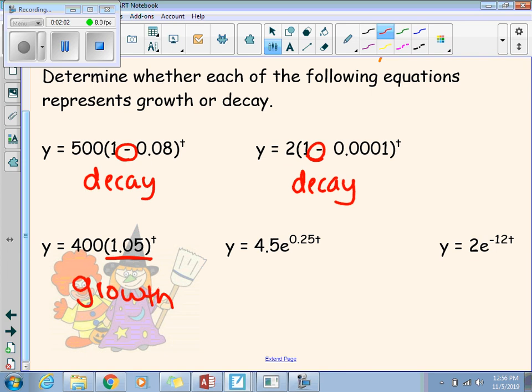We've got 0.25 there, right? And this is a positive number, so this is a growth. If it was negative, it would be a decay. Okay, and here we've got a negative, so that would be a decay problem.